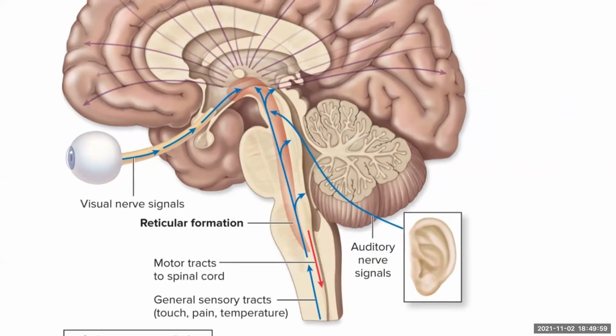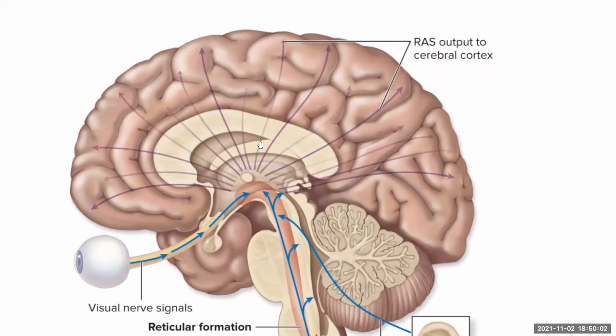And then from the reticular formation, it influences nerve impulses to various regions of your cerebrum. Depending on what type of information it is will correspond to what area of the cerebrum it's going to go to, whether it be vision back here in the visual cortex, or if it's hearing, it'll be over in the temporal cortex. So kind of keep that in mind.